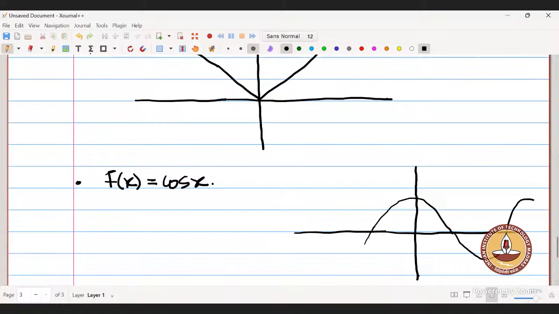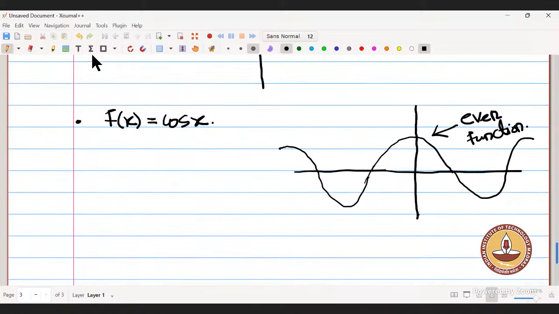So it will go like this. So this is an example of an even function, right? So there are a lot of examples of even functions.